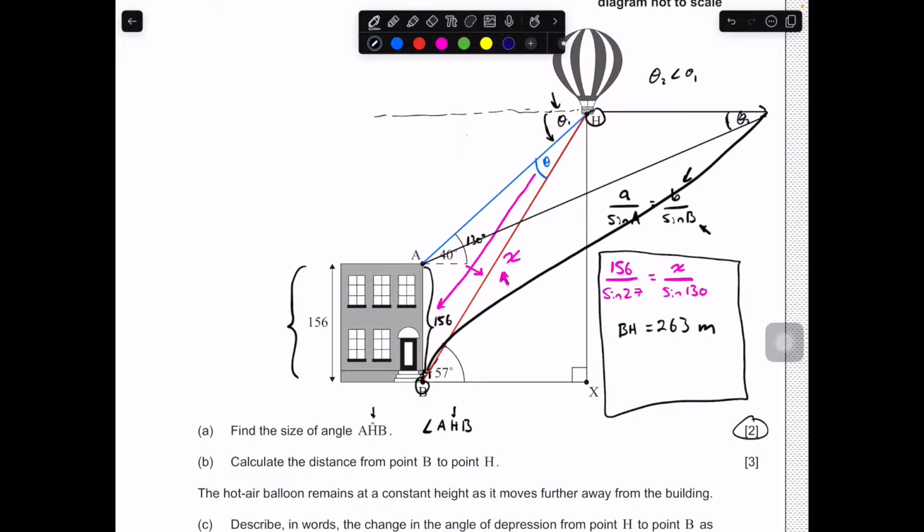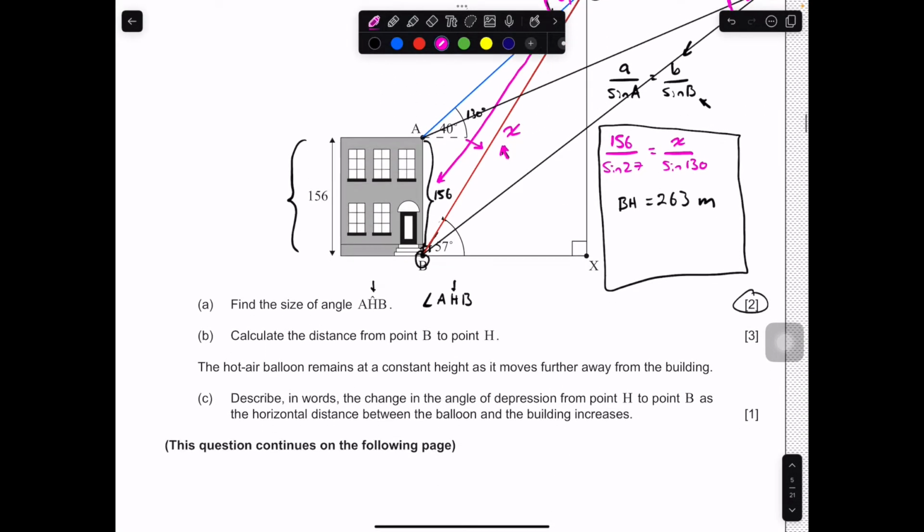This is actually the angle that we're looking for. So we can see this is actually going to give us a better kind of view. So it's this theta 2, and this would be theta 1. So the angle of depression becomes less and less.